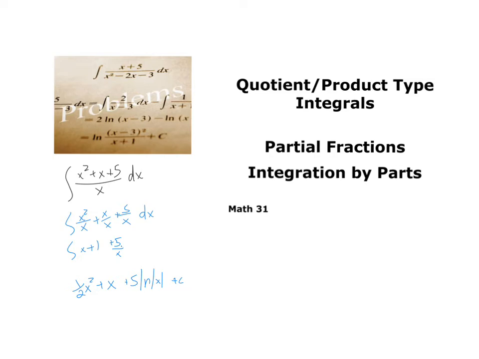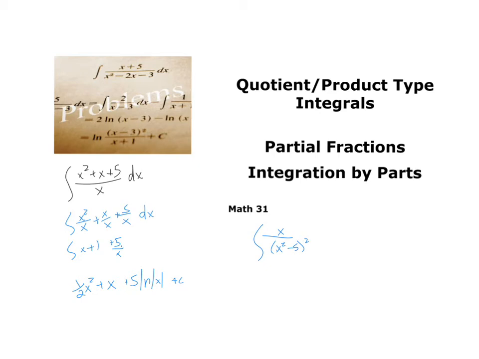And then we've also looked at things that were almost like a chain rule. So if I had something like, let's suppose it was x divided by x squared minus 5, squared.